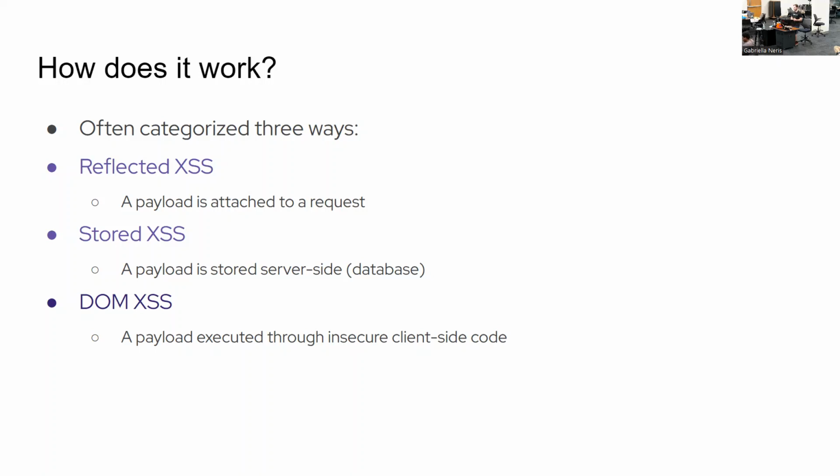One way that this can be done is if there is reflected cross-site scripting using a query parameter in the URL. You could either have the victim visit that URL directly with the JavaScript payload in that query parameter, or you could have the victim visit an attacker-controlled web page, which will then redirect them to that.